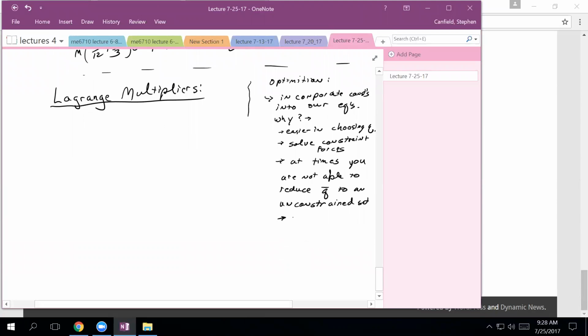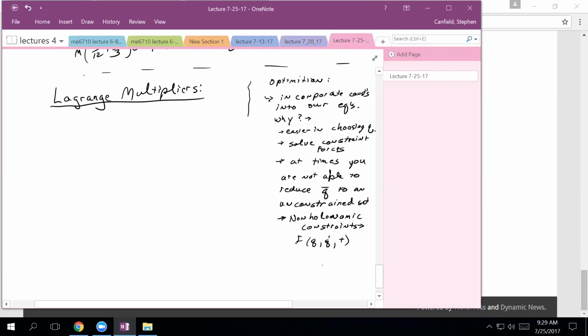We had mentioned there's a special set of constraints that are non-holonomic. If you have non-holonomic constraints, that means you cannot write those constraints just in terms of Q. These constraints are a combination of Q and Q dot in time.